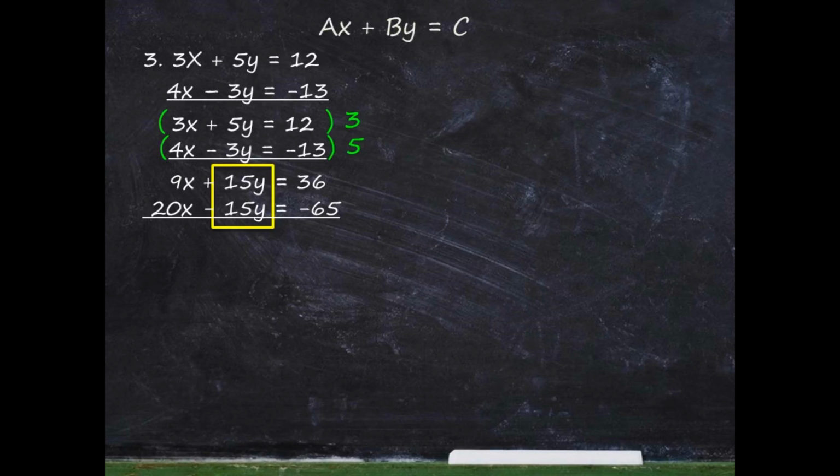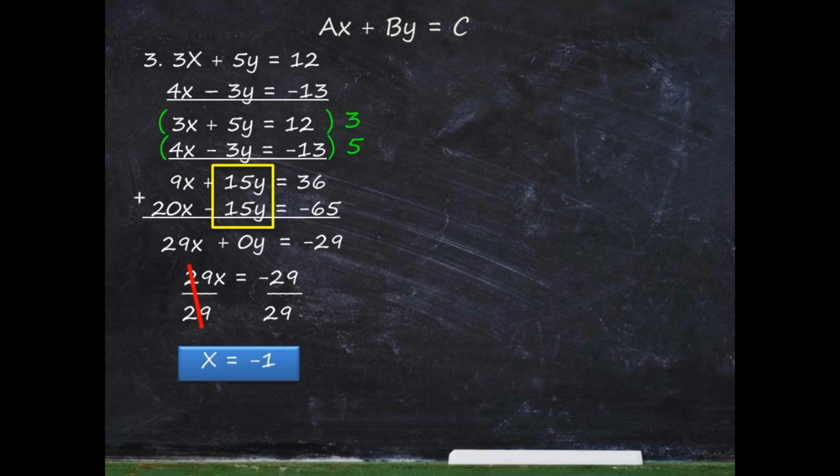So now we can add. 9x plus 20x is 29x, 15y plus negative 15y is 0, and 36 plus negative 65 is negative 29. We have our new equation, 29x equals negative 29. So divide both sides by 29 to get the value of x. So x is negative 1.